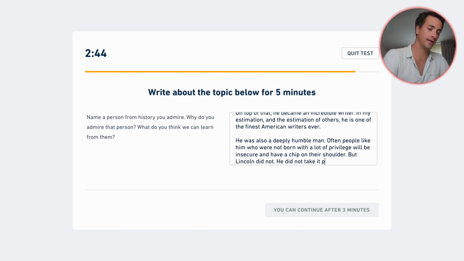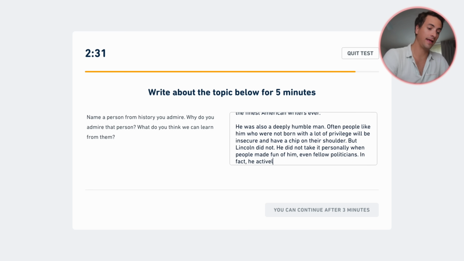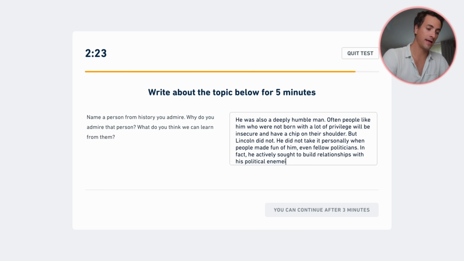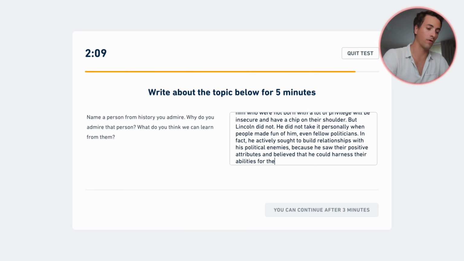He did not take it personally when people made fun of him, even fellow politicians. In fact, he actively sought to build relationships with his political enemies because he saw their positive attributes and believed that he could harness their abilities for the benefit of the country.